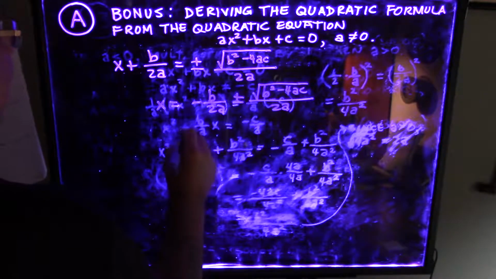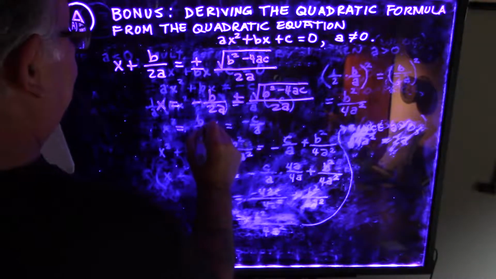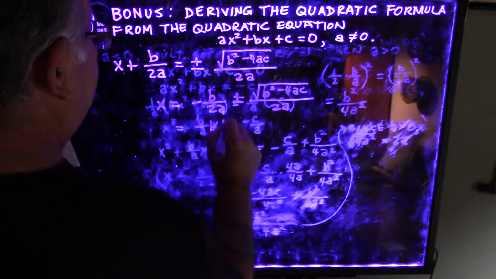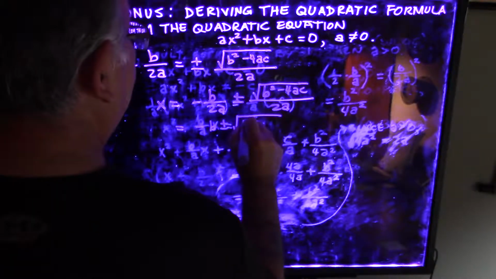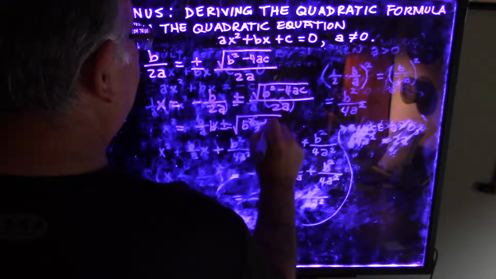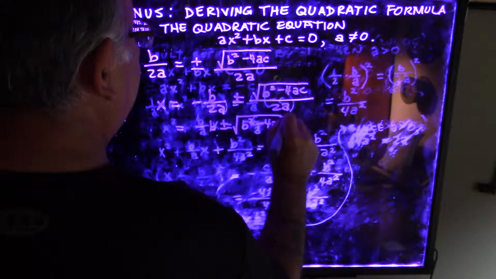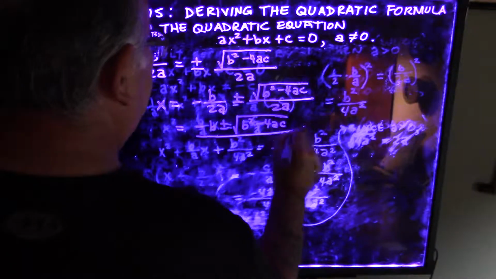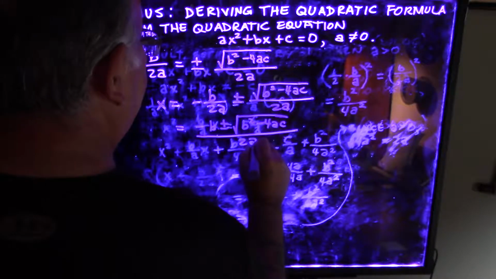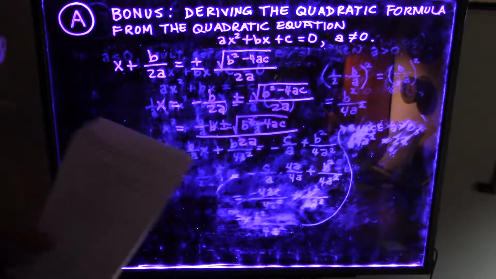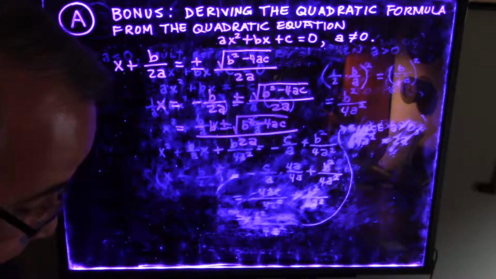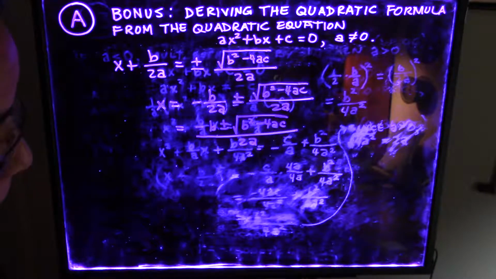And they already have common denominators, so combining the numerators you get negative b plus or minus the square root of b squared minus 4ac all over 2a. And there's your quadratic formula.